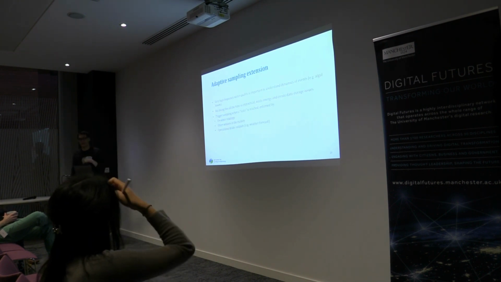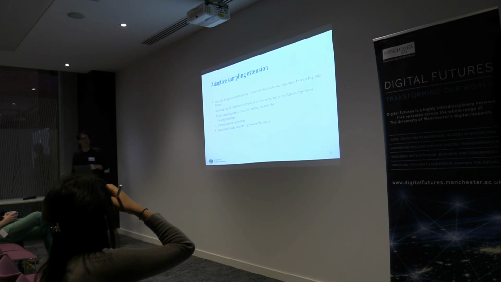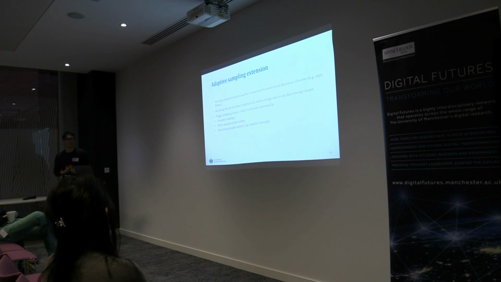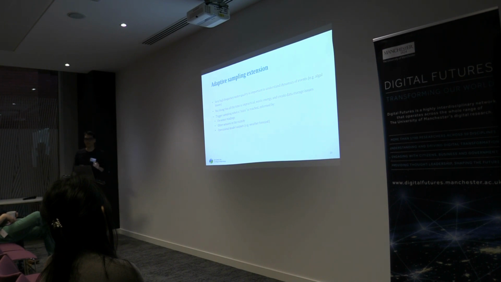Then currently, we have just submitted a bid to look at adaptive sampling on very high frequency water quality data monitoring. These samplers are measuring at super high frequency, but there are issues if they're always monitoring at a very high 15-minute interval.